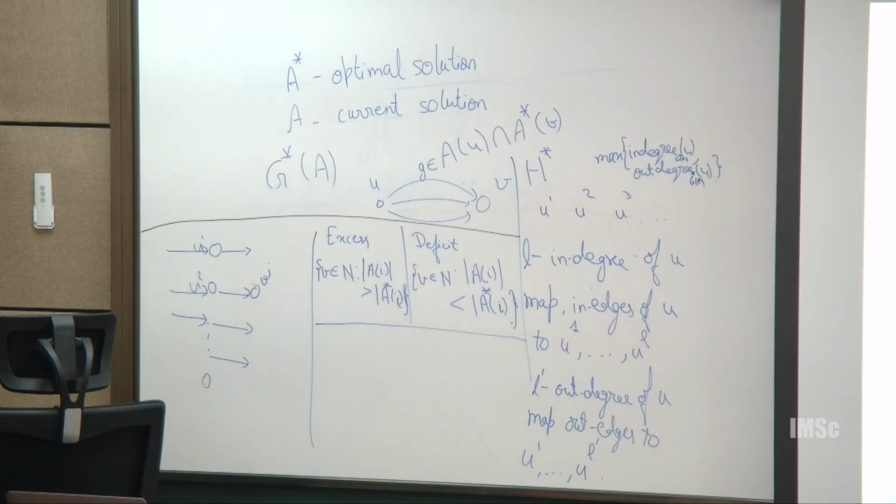So, if you have an arc here, you have an arc in your original graph as well, that is why this path exists in your graph as well. Is this okay?